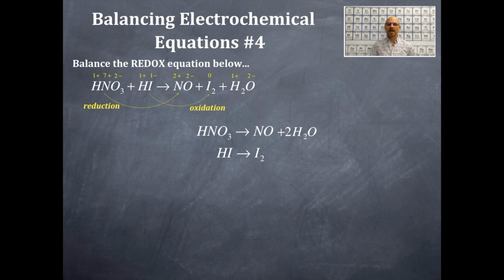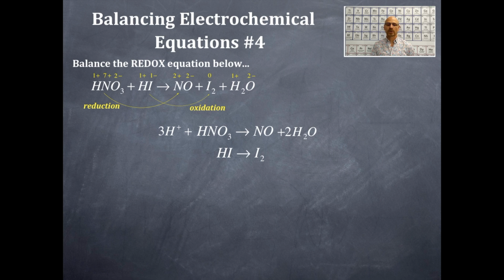Now I'm going to balance the hydrogens. On the reactant side, there was already 1 hydrogen, and I just added 4 hydrogens with that 2 coefficient in front of the water. So I have 4 hydrogens on the product side, 1 on the reactant side. I'm going to add 3 hydrogen ions on the reactant side. Now I've balanced this for mass.